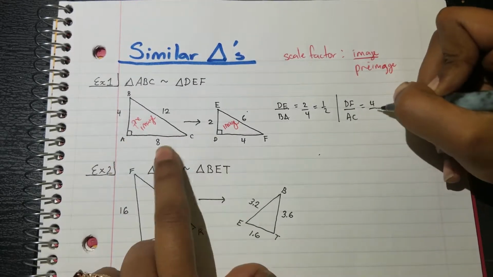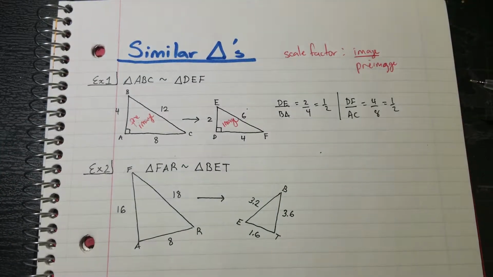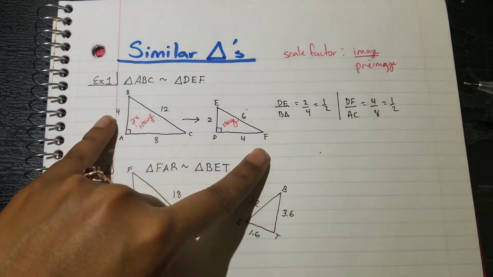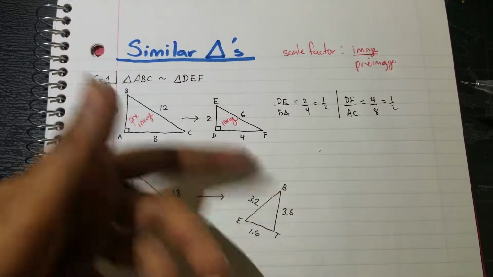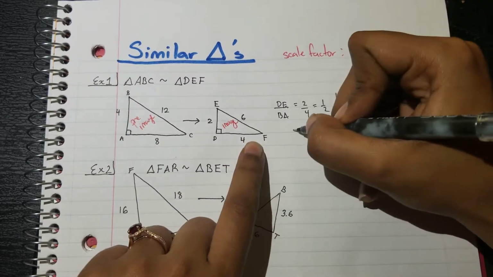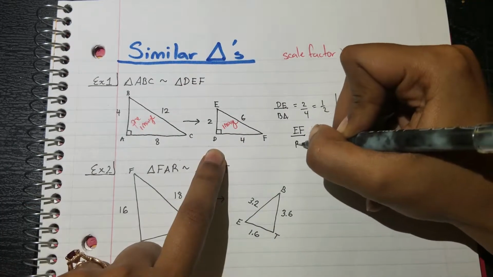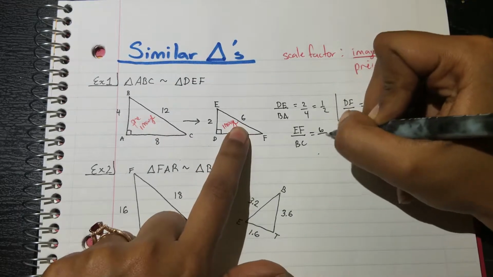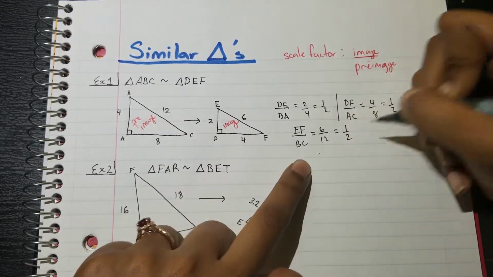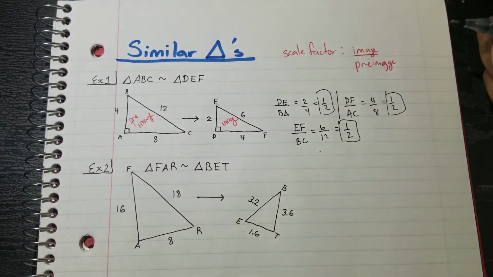That's going to be 4 divided by 8. That's also 1/2. Now, normally when it comes to proving similar triangles, if you have two sets of corresponding sides that are proportional, then your third side is going to be proportional as well. But we can definitely verify that right now. So EF over BC is 6 over 12. We get, again, 1/2. So all of these sides have the same scale factor of a half.